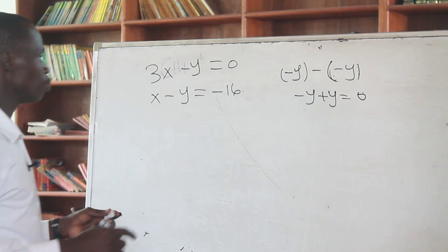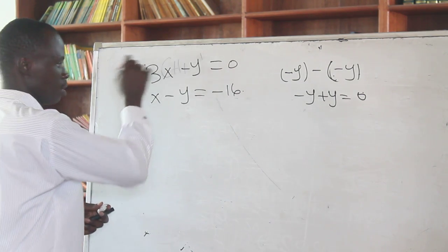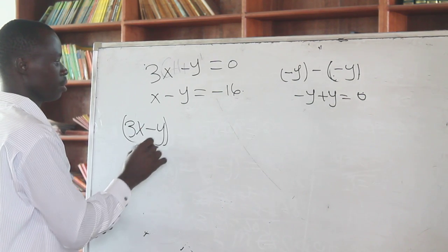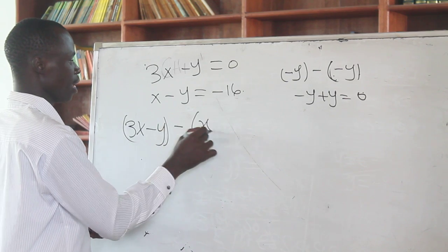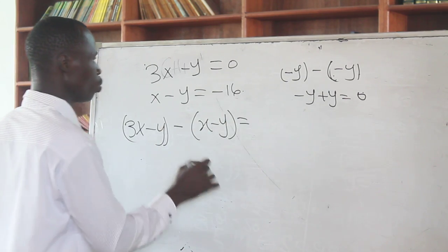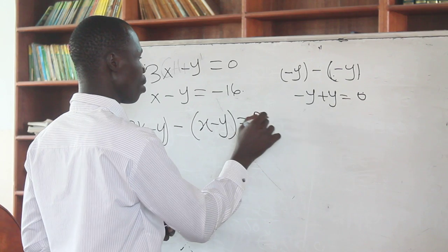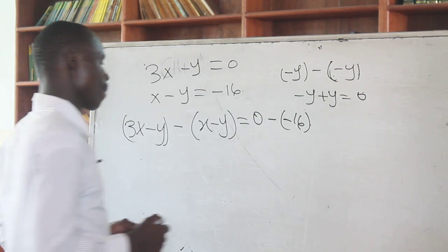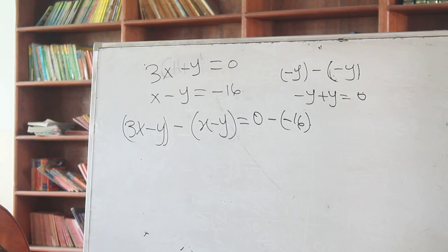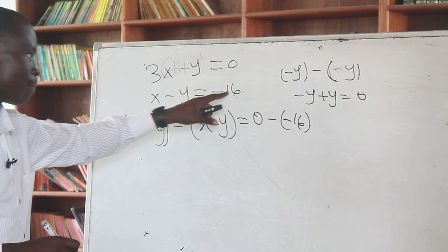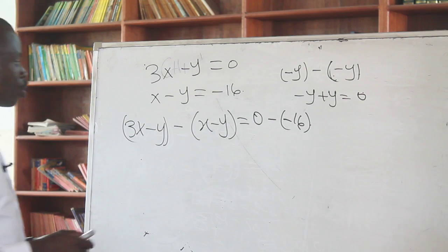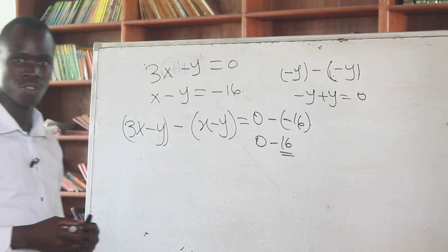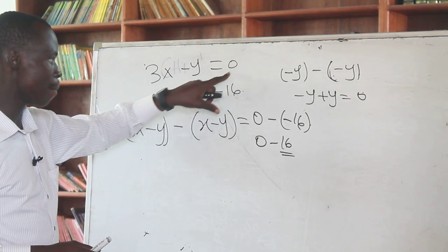So in other words, what we are going to do here is to minus this one. So we are going to say 3x minus y minus x plus y is equal to 0 minus, and this is minus 16. It is 0 minus 16. Don't put 0 minus 16 without the bracket; that will be wrong.